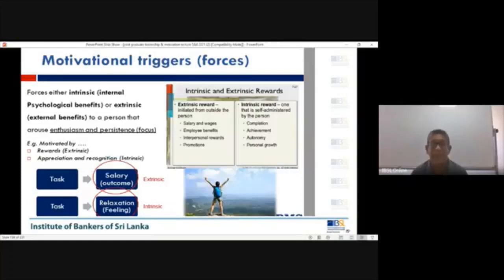Extrinsic rewards are initiated from outside of a person: salary, wages, employee benefits, interpersonal rewards, promotions. Those are external benefits.